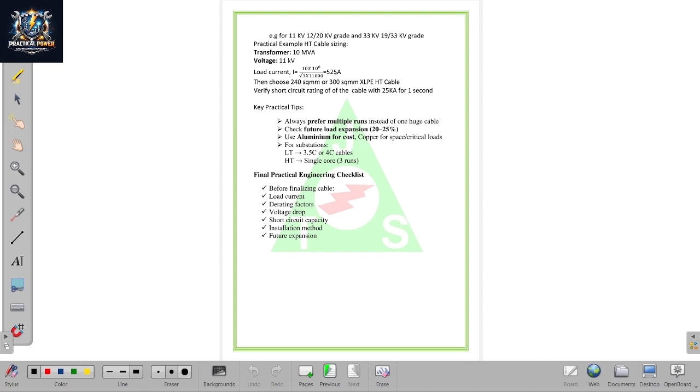This comes out to approximately 525 amperes. Then we have to choose a 240 square mm or 300 square mm cable, XLPE ST cable. Verify the short circuit rating of the cable with 25 kiloampere for 1 second. It also has to be verified.